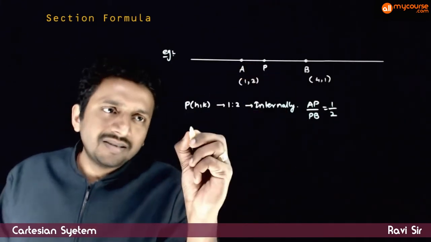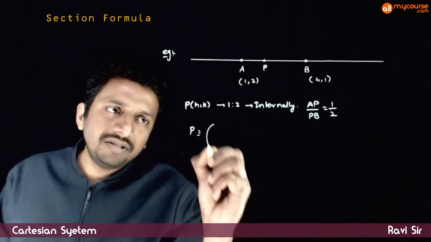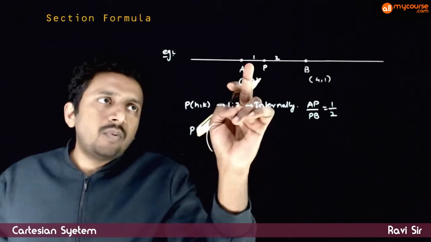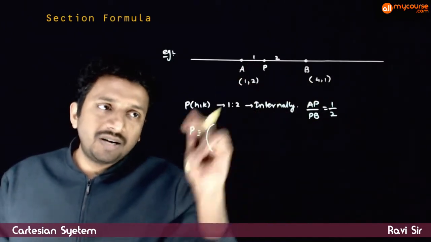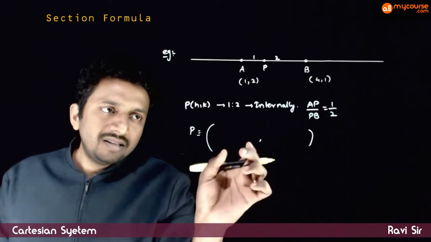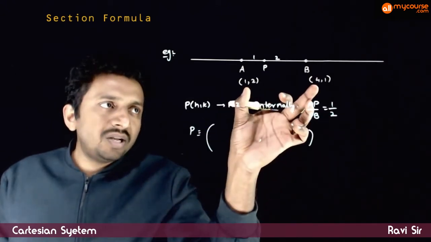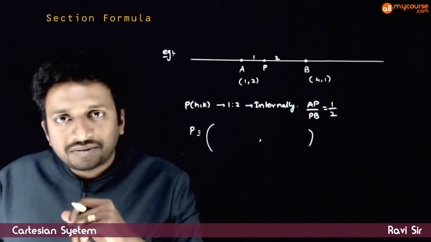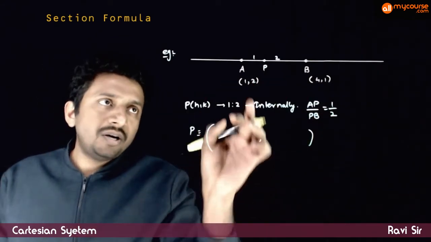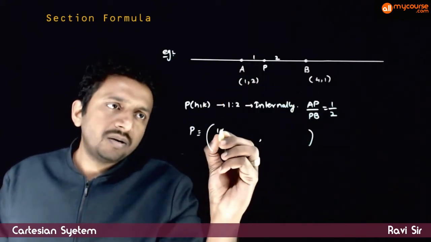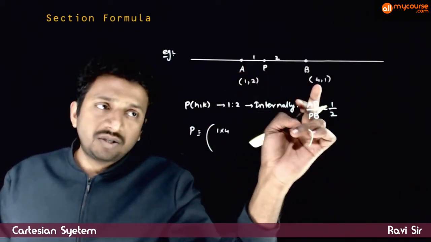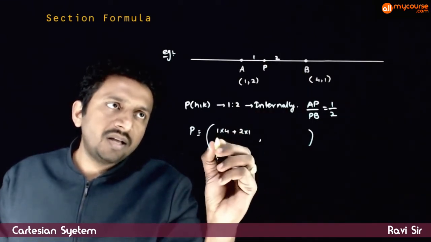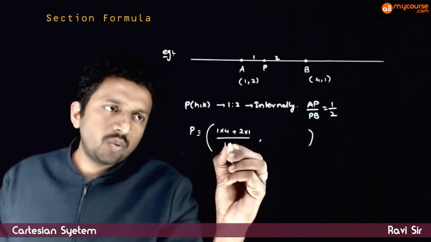How do I get this? From the formula of internal division. This ratio is 1:2, so you have to do the cross multiplication. Remember that the x coordinate of P involves only the x coordinates, and the y coordinate of P involves only the y coordinates. So what is the x coordinate of P? 1 into 4, m into x2 plus n times x1, 2 times 1, by m plus n, which is 1 plus 2.